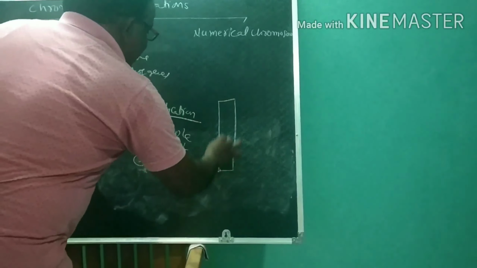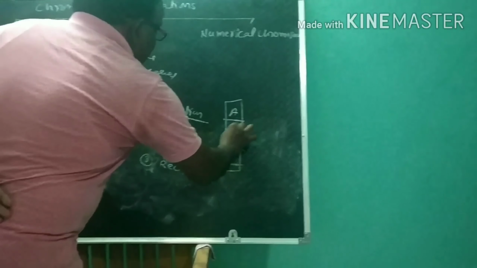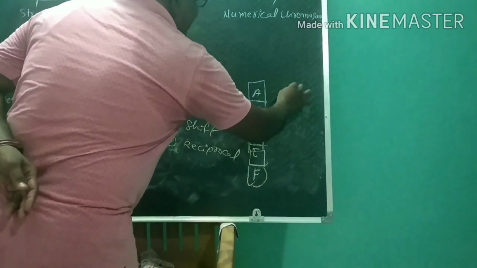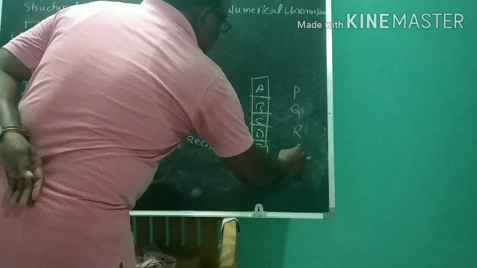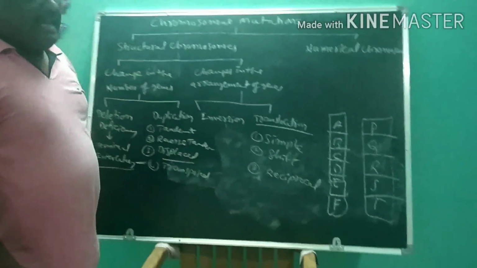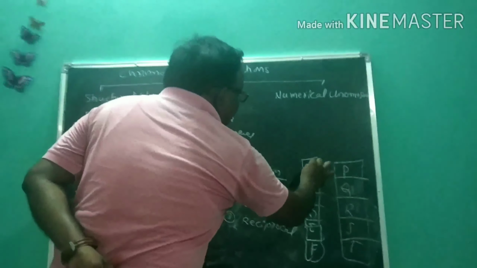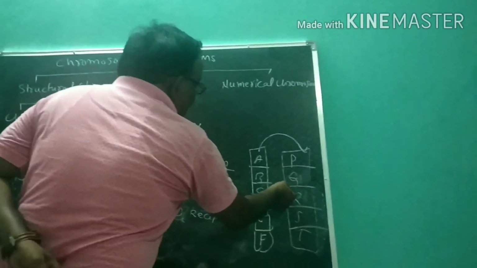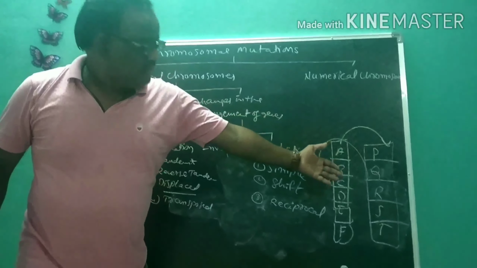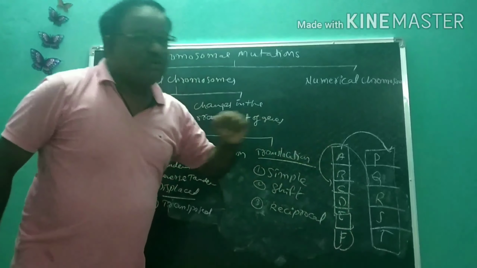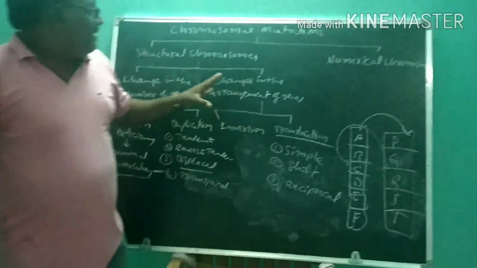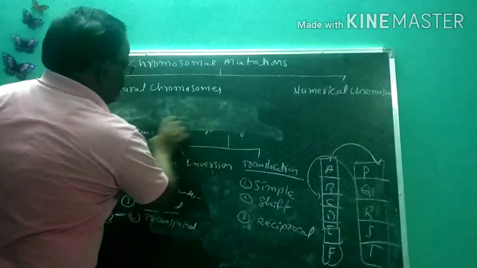For example, A, B, C, D, E, F and, at the same time, P, Q, R, S, T are the chromosomes. Sometimes A, B, C goes to this side and P, Q comes to this side. That exchange is called reciprocal or balanced translocation. So that is completely structural chromosome aberration. Next I will explain.